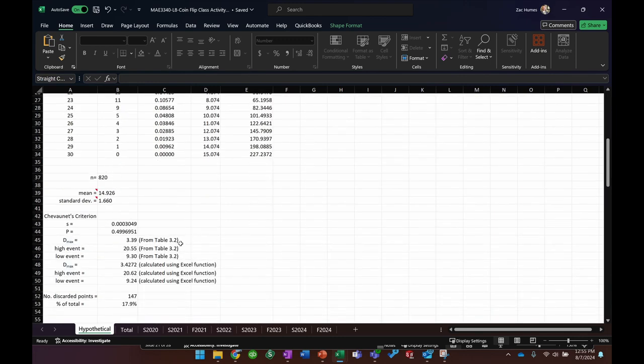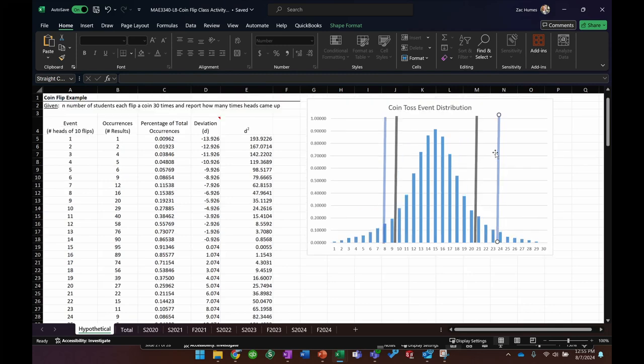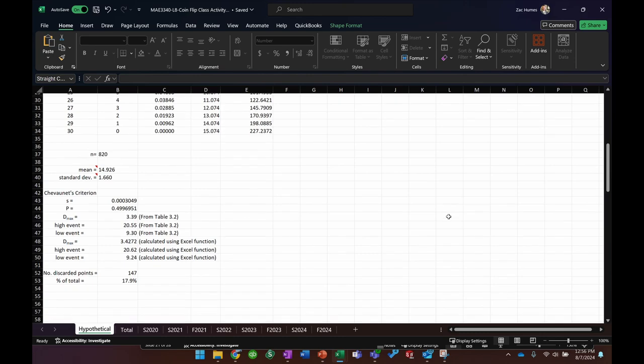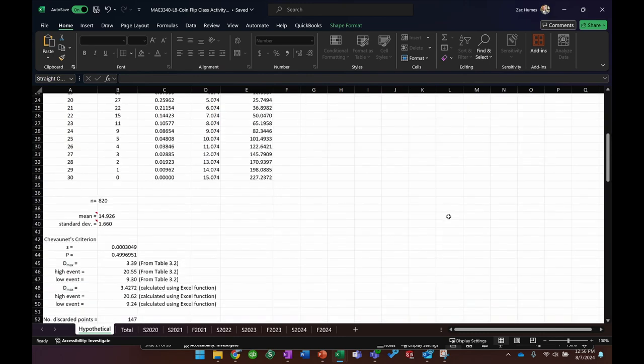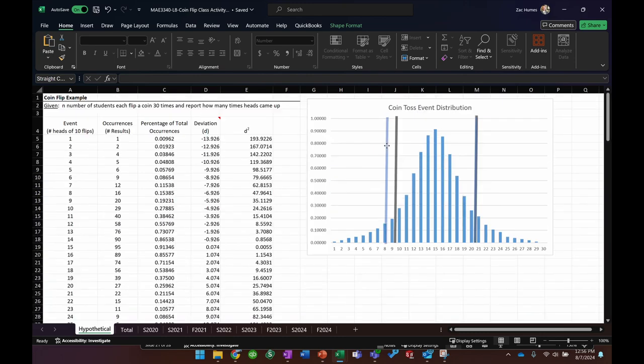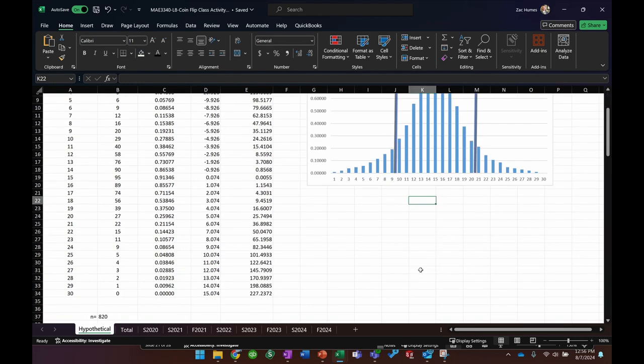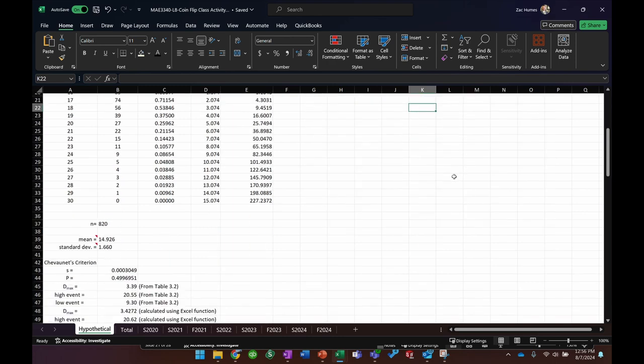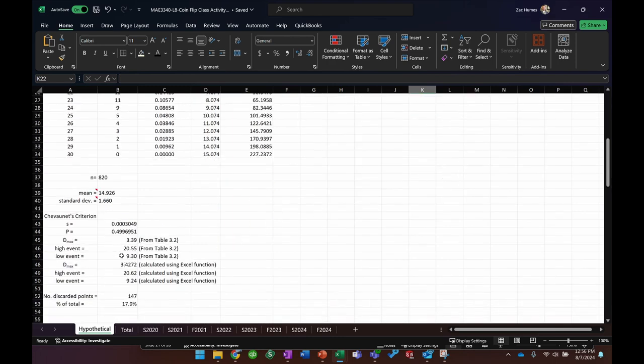So from the table, we have our blue color, 20.55, which is going to be probably right there. And we have 9.30, which is going to be right there. So you can see it's almost no different using the table versus having the higher resolution of Excel.